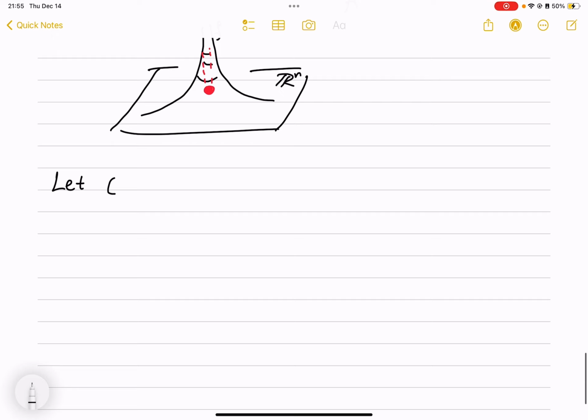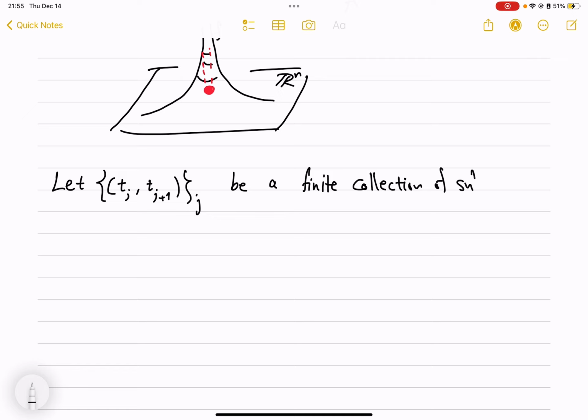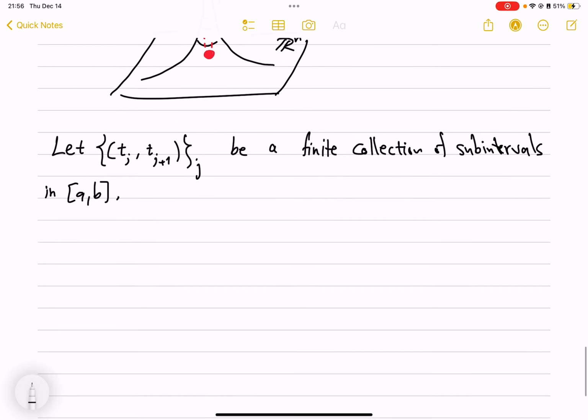Let the intervals [t_j, t_{j+1}] be a finite collection of subintervals in [a,b]. We want to just follow the definition of absolute continuity for functions.